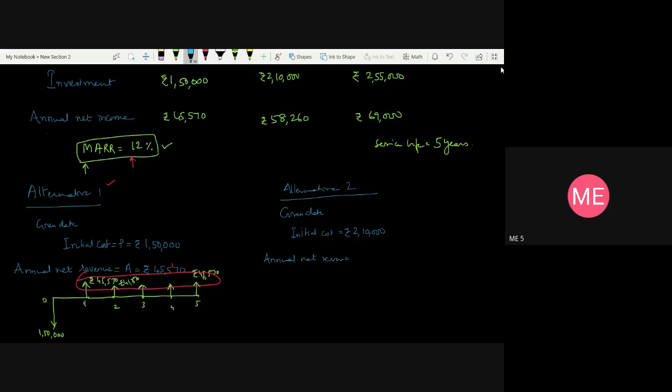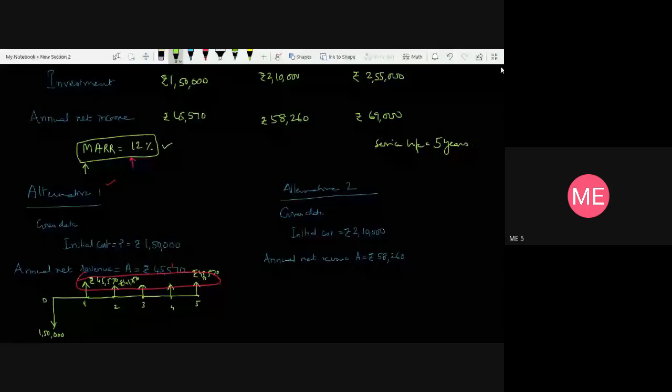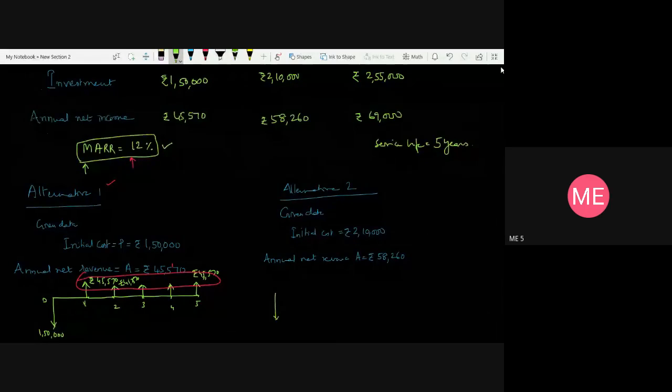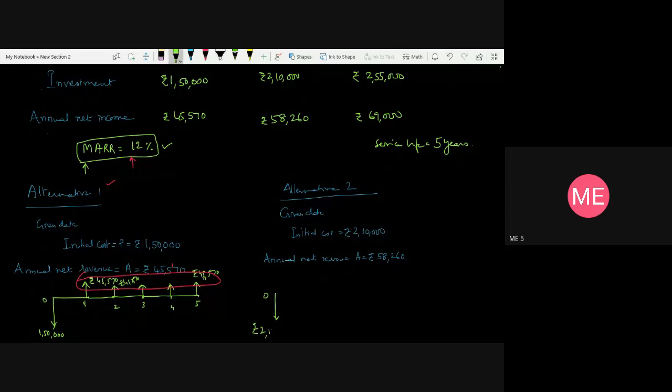Annual net revenue is given as rupees 58,260. The cash flow diagram is going to be, at time 0 we have the initial cost of rupees 2,10,000, and at the end of the first year we have the annual revenue of 58,260.